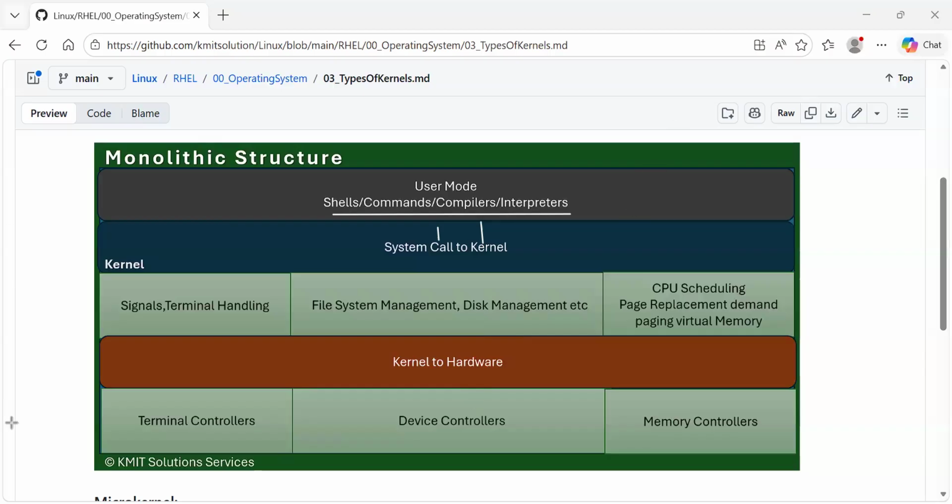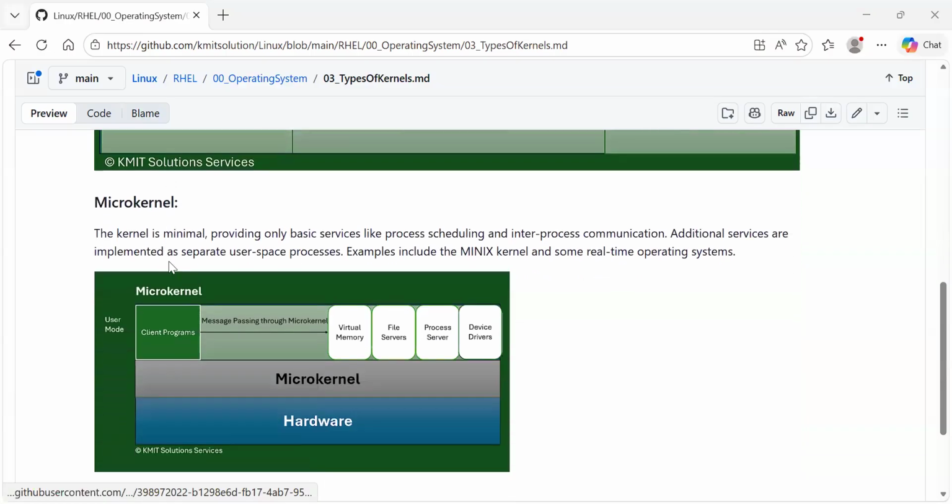Now, let's move to the second type of kernel, which is called microkernel. In a microkernel, basically, you can say there are some wrappers on top of the kernel. So what does it mean? Consider that this is my microkernel.